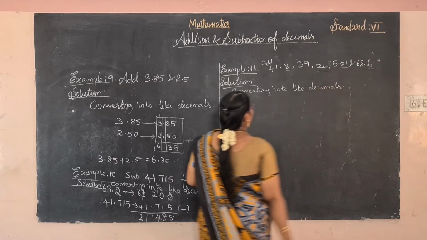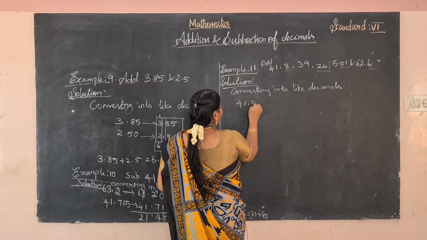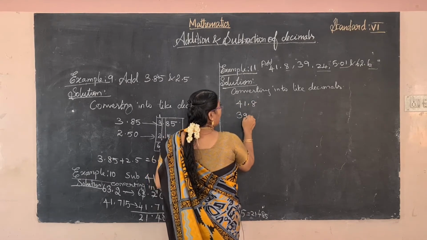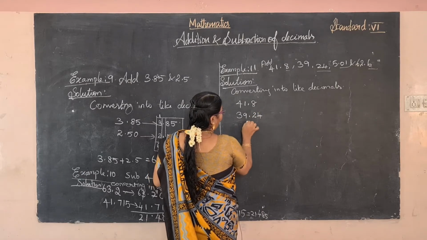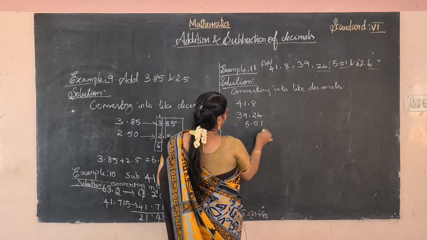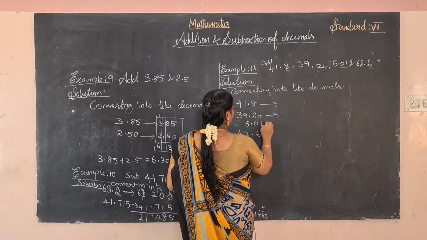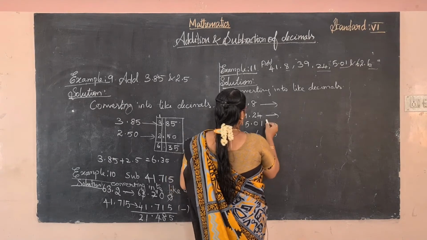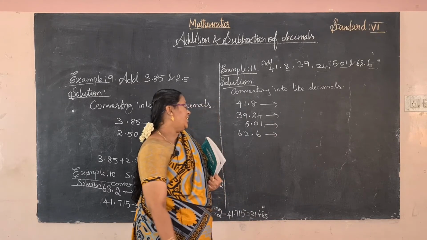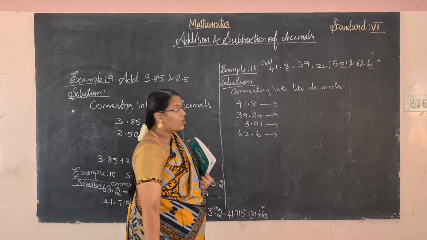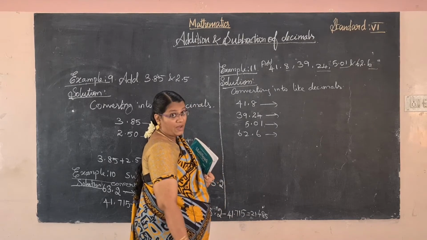So the first one 41.8, second one 39.24, then 5.01 and 62.6. Convert to like decimals. The highest decimal place value is the hundredths only, so we add 0 on the right side of the decimal number.